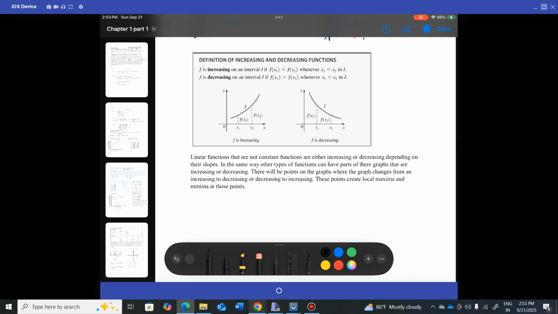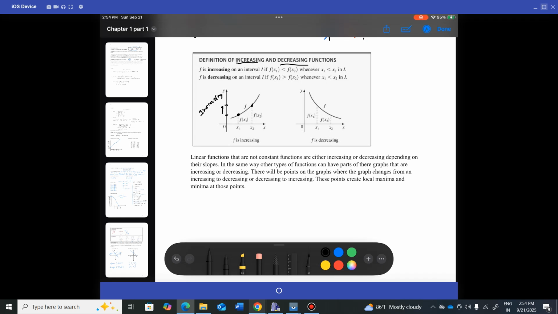Okay. Next thing we're going to look at is increasing and decreasing. When we're going from left to right, as we read a book, we go from left to right. If the function goes up, if that y value goes from one point up to another point, then you have increasing.